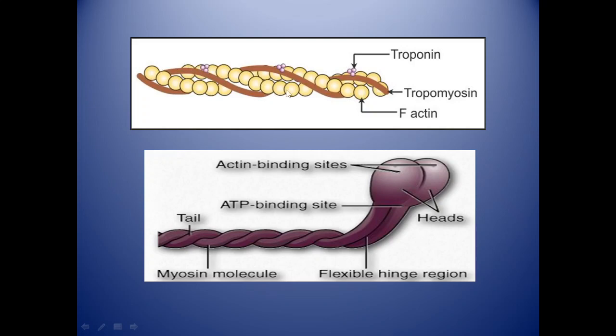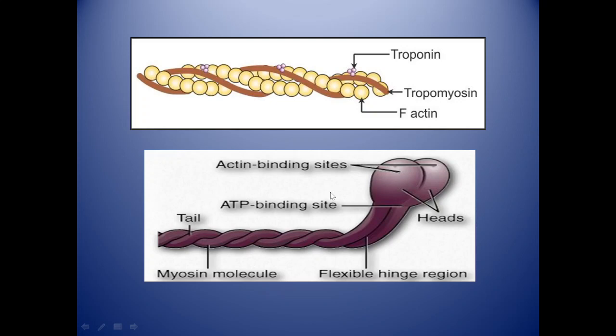Around the F-actin is wound the tropomyosin. Tropomyosin has certain active sites upon it. These active sites are always masked when the muscle is not working. It is covered up by a protein called troponin. This troponin can be removed when properly stimulated. This is about the actin, the thin filament which makes up the I band.